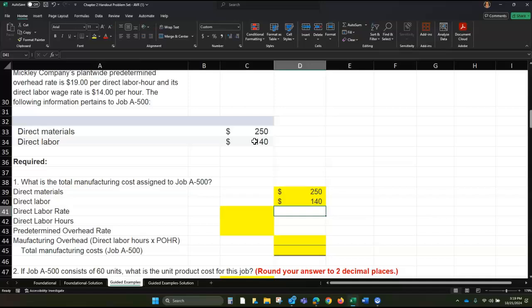Good. Now, the applied overhead is going to be a little bit tricky because they've left something out. They're making you calculate something to apply the overhead. How is overhead applied in this question? What's our driver?